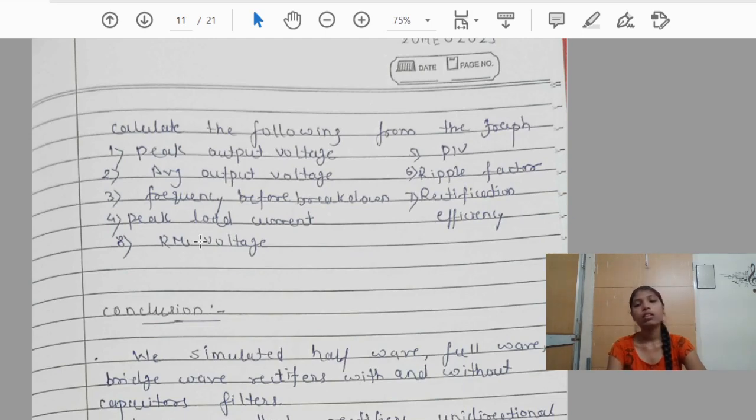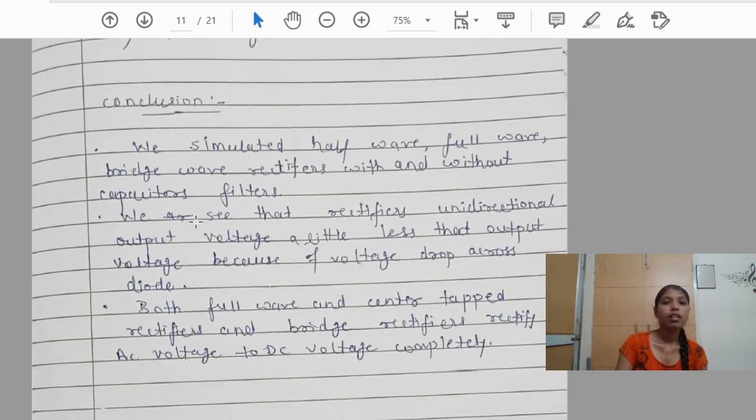Then from the graph we have to find out the peak output voltage, average output voltage, frequency before breakdown, peak load current, RMS voltage, peak inverse voltage, ripple factor, and rectification efficiency.